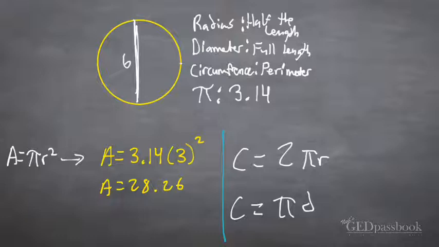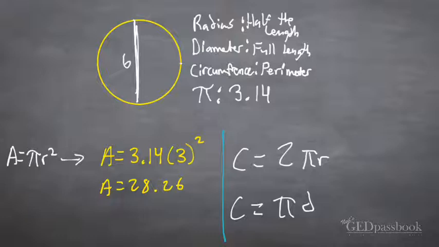Honestly, it doesn't matter which one you use as long as you put the correct variable in. But yeah, they gave us the benefit of actually using 2 formulas, and it's all dependent on what they gave you. In this specific figure here, they gave us the diameter of 6. Am I correct?